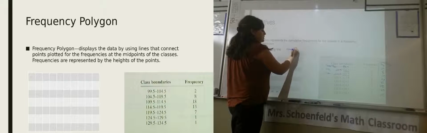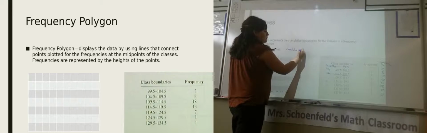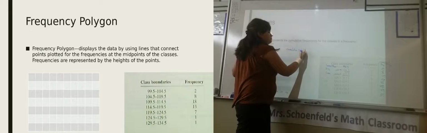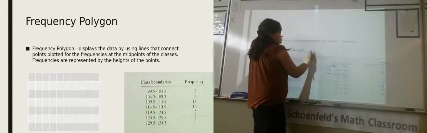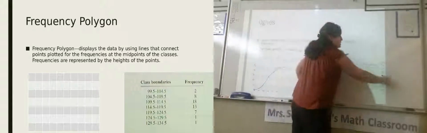Okay, what you'll also see sometimes is cumulative relative frequency. Cumulative relative meaning in percentage, or in relationship to the whole. If I was doing that, I would figure out my percentages on this side. Those percentages are the only thing that would change then.